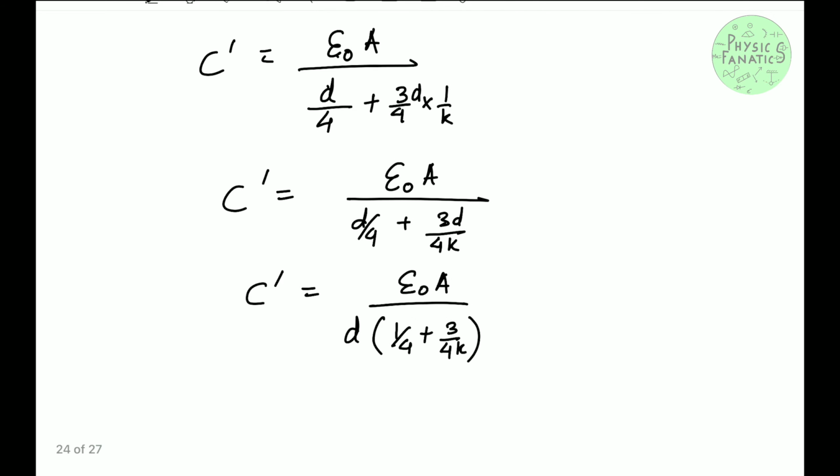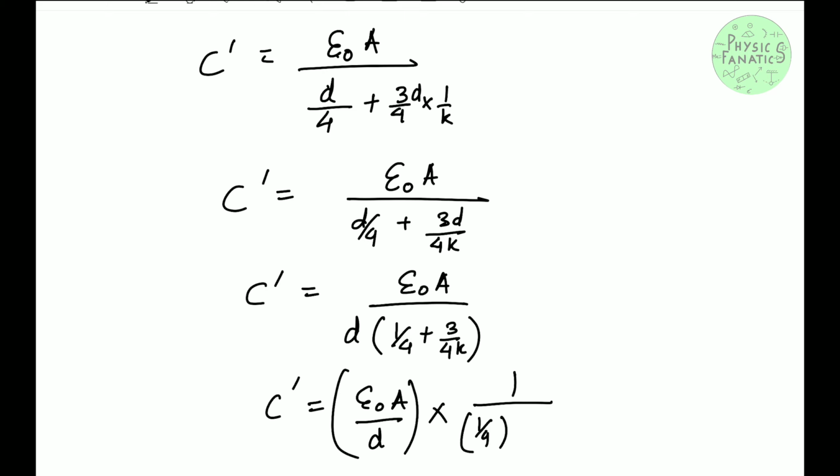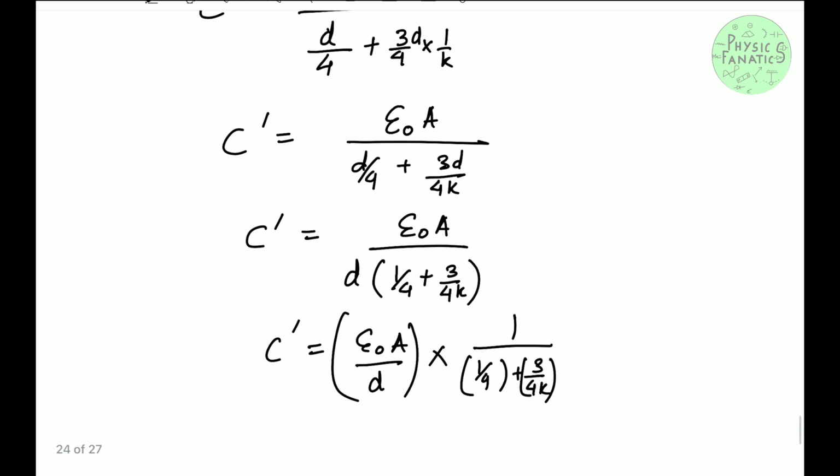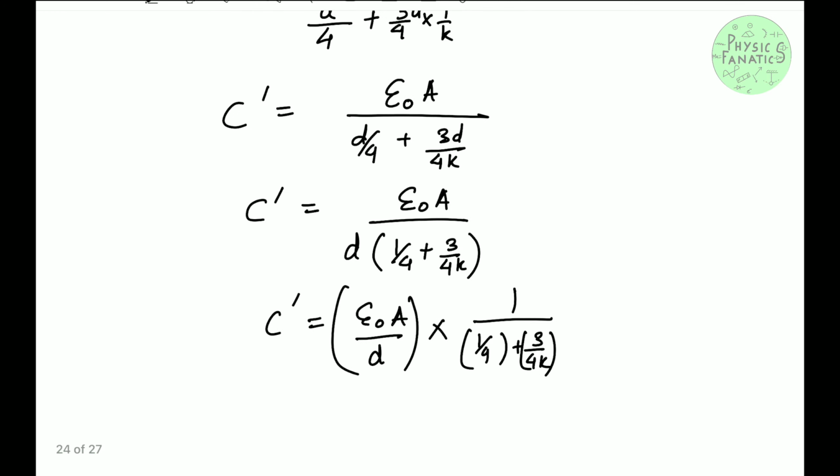So I can rewrite this as epsilon naught times A upon d as one term, multiplied by 1 upon 4 plus 3 by 4K.